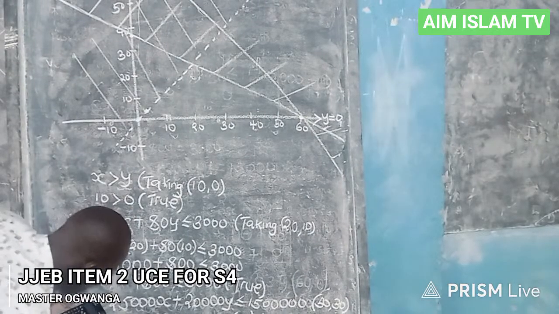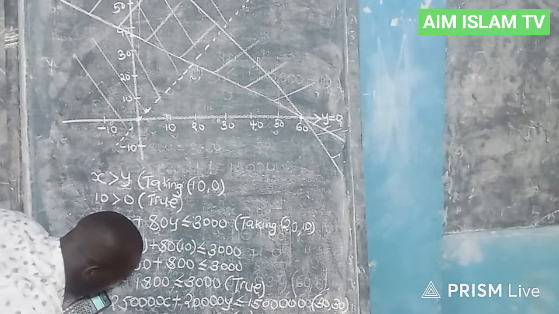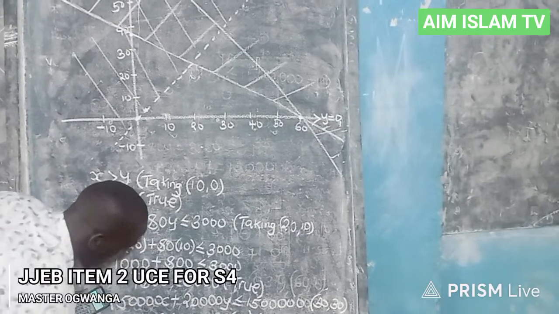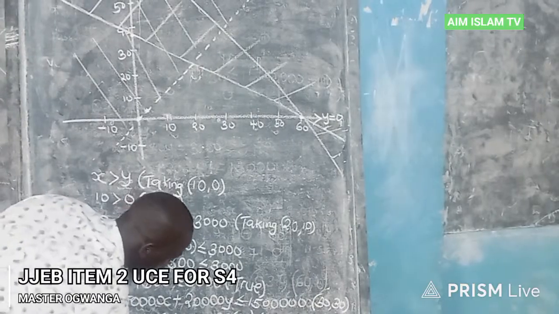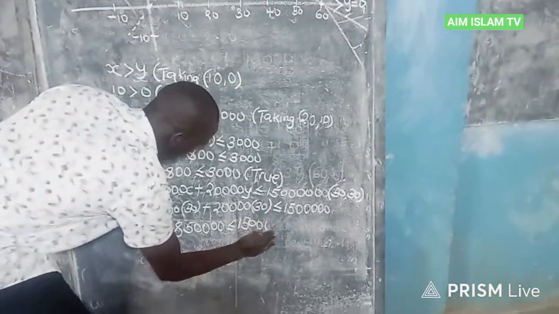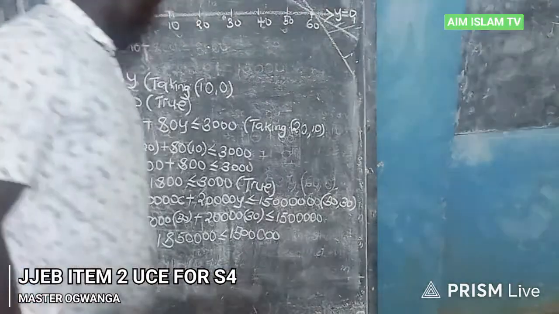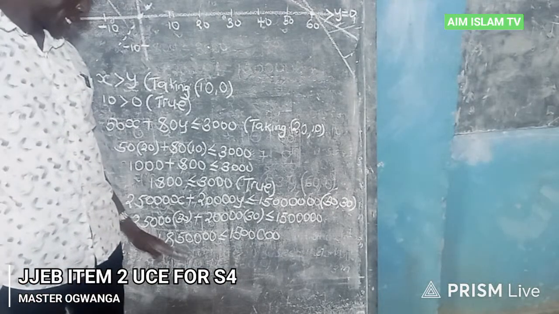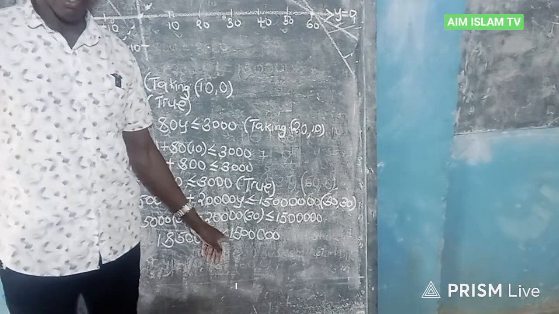So this side I'm seeing that we are having 1,850,000, which is less than or equals to 1,500,000. So now the question will also come, is 1,850,000 less than 1,500,000?